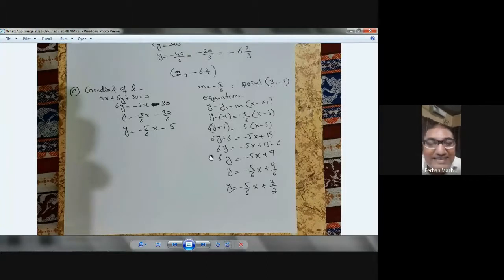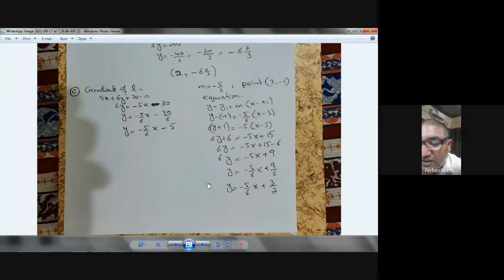This 6 is multiplying with the y, you take it to the other side, it will divide both the terms. So you will have y equals minus 5 by 6 into x plus 9 by 6. So y equals minus 5 by 6 x plus 3 by 2. So this is the C part of the question number 13.